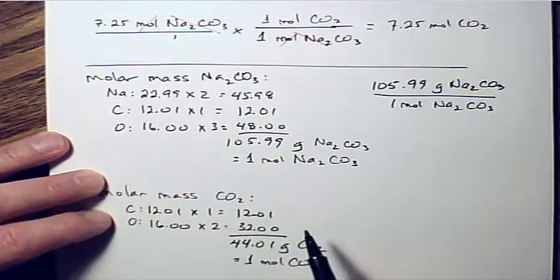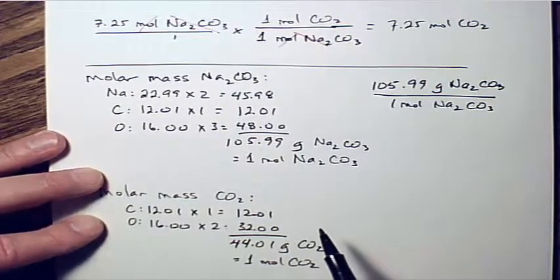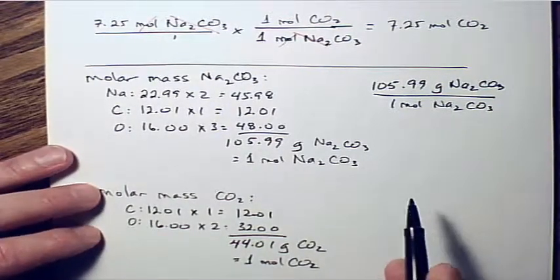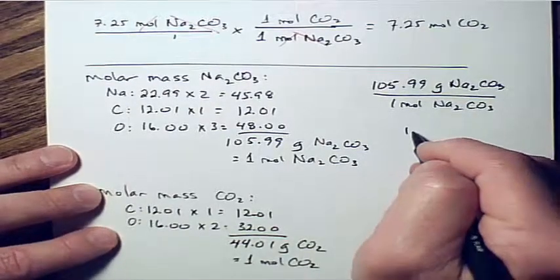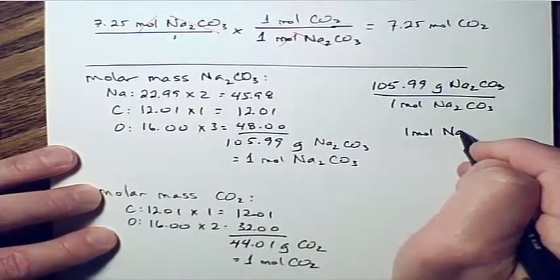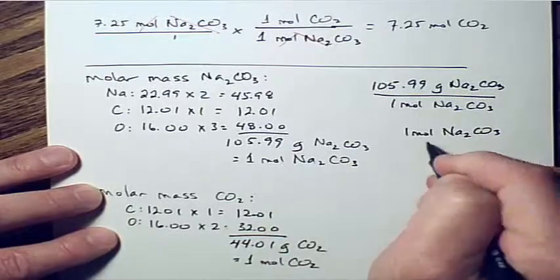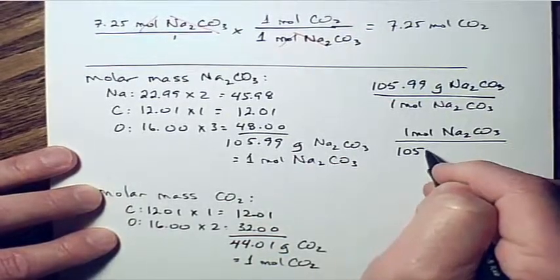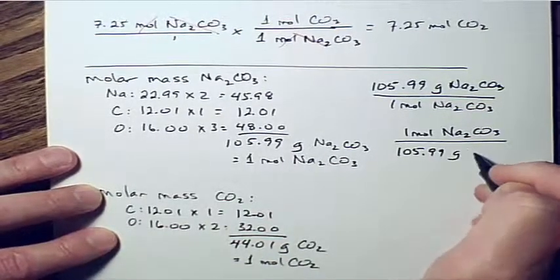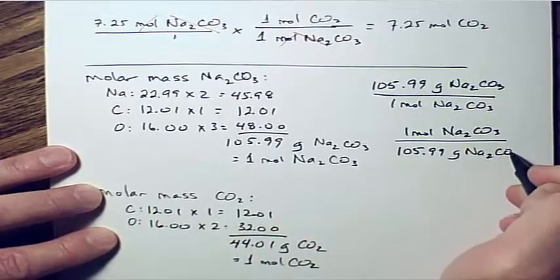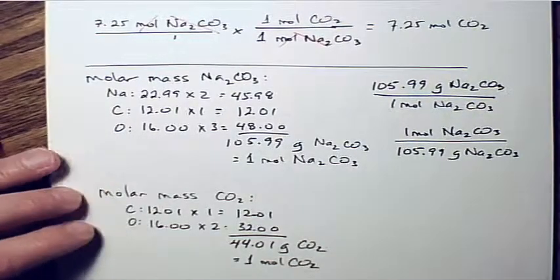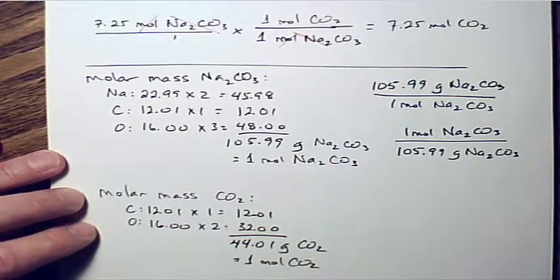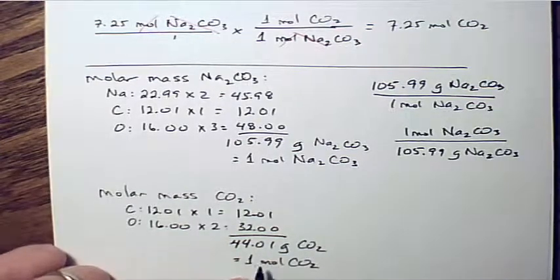Because these 2 values are equal, the fraction overall is equal to 1, and we have what's called a conversion unit. But I can also write 1 mole of Na2CO3 over 105.99 grams of Na2CO3. And that also has a value of 1 because those 2 things are equal.